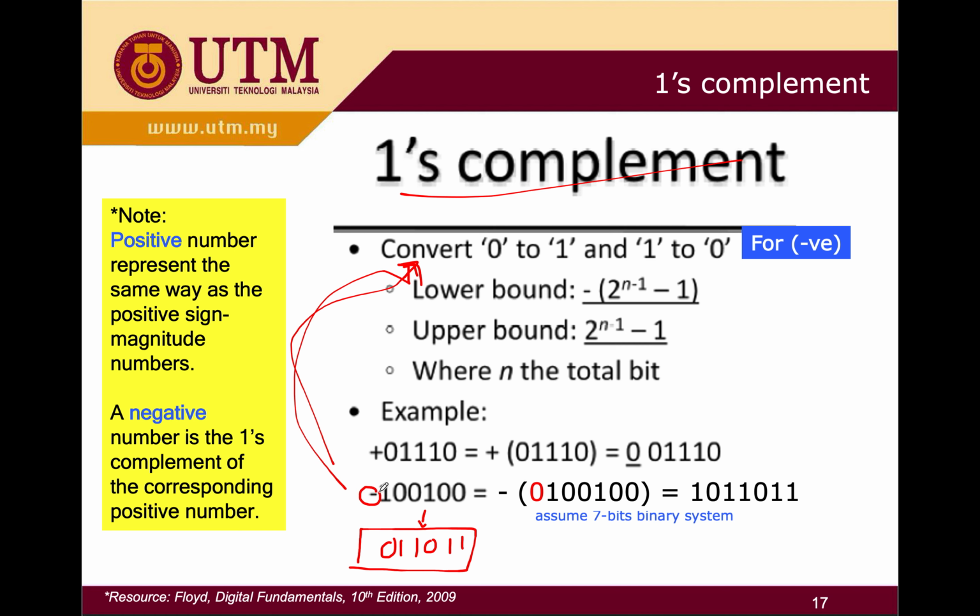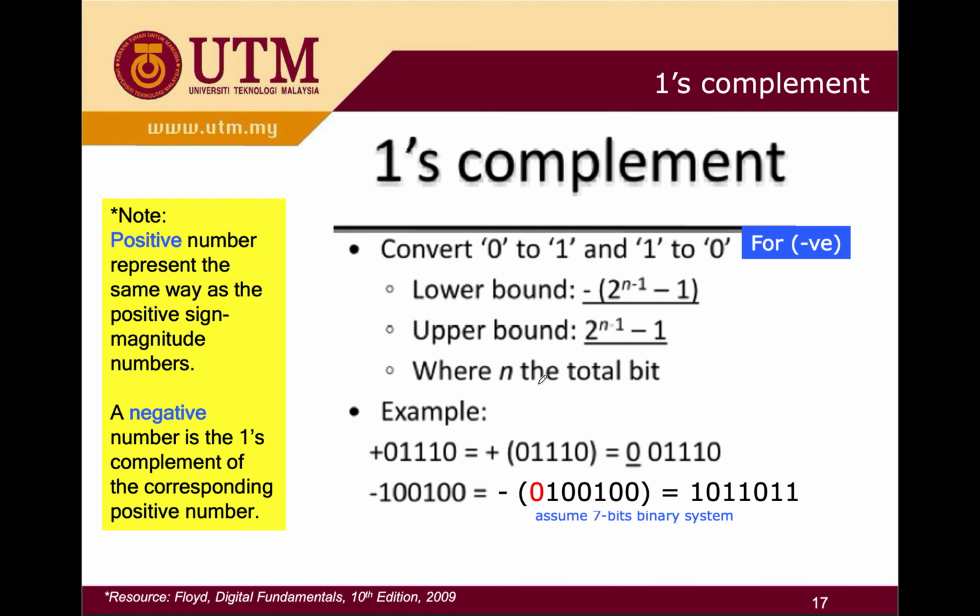But if let's say in the question it is mentioned it is a 7-bit binary system, you need to know that you have another one. You need to complete all first before you can apply this method. So if you mention that it is a 7-bit binary, you need to know there is 7 supposedly, 1 2 3 4 5 6.